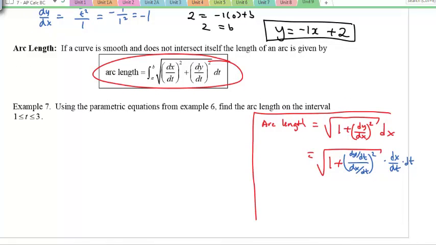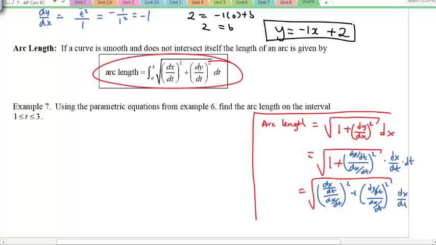Since it's a square, I guess I can rewrite the 1 as dx/dt over dx/dt, squared, plus dy/dt over dx/dt all squared. Still have that square root on top of everything. And I still have the extra dx/dt times dt. So I just changed the 1. Notice now both the denominators here are dx/dt all squared.